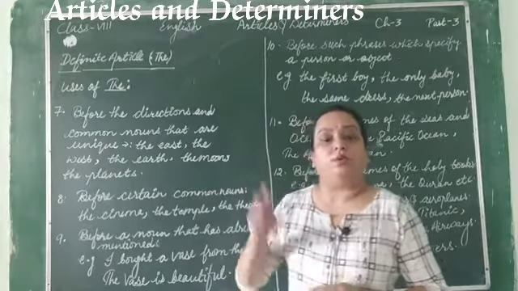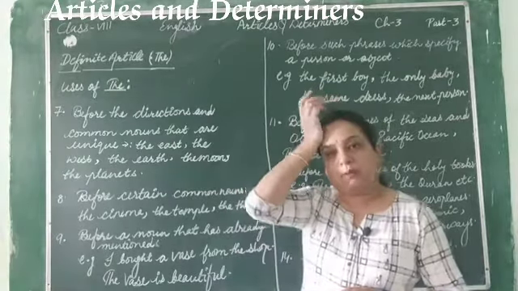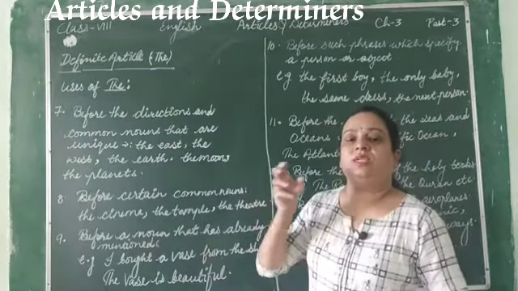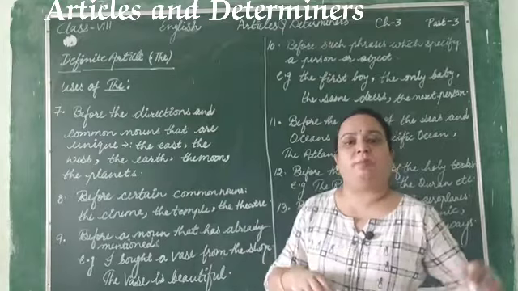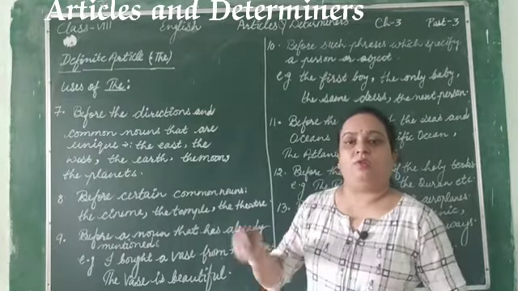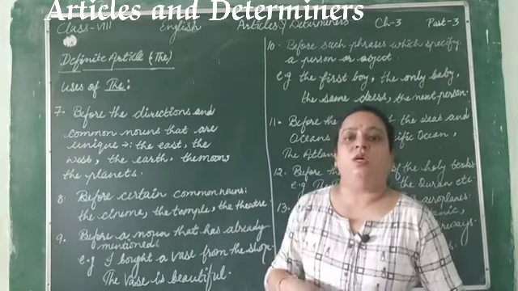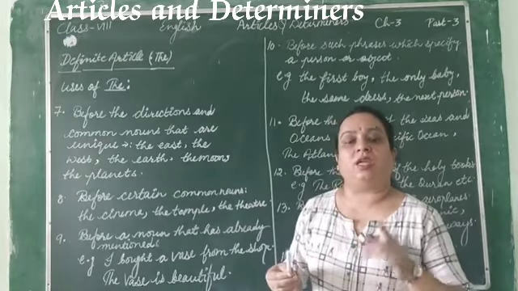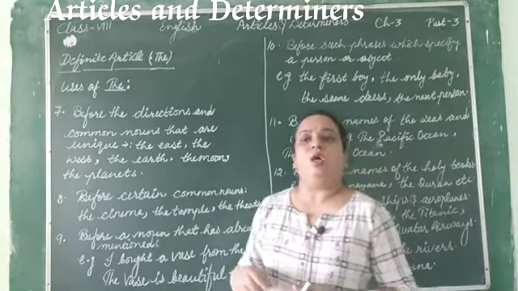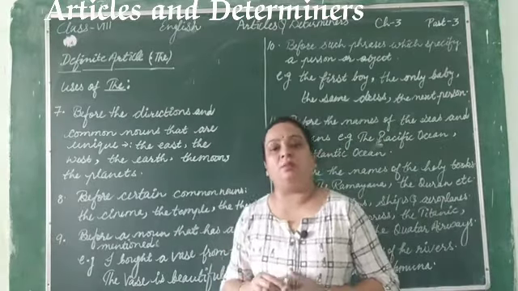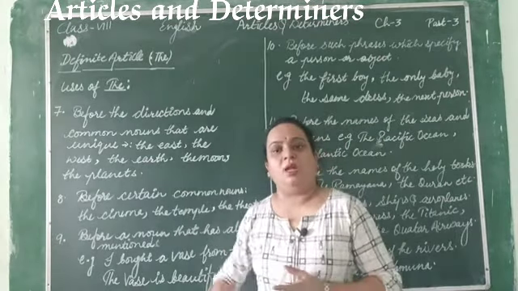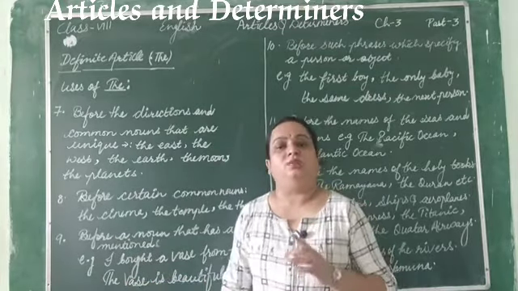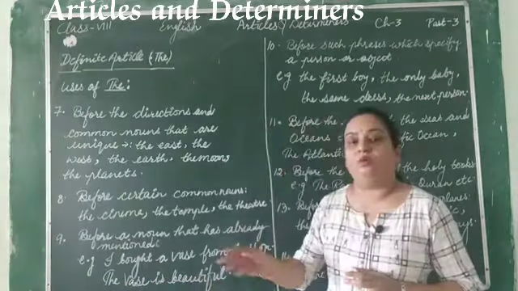So here I am telling you, if that same noun is being used earlier in the same paragraph, we are talking about that same noun, or it is being repeated once again, then according to the rules of determiners it may take a or an at first, but afterwards when it is repeated, it will take the.